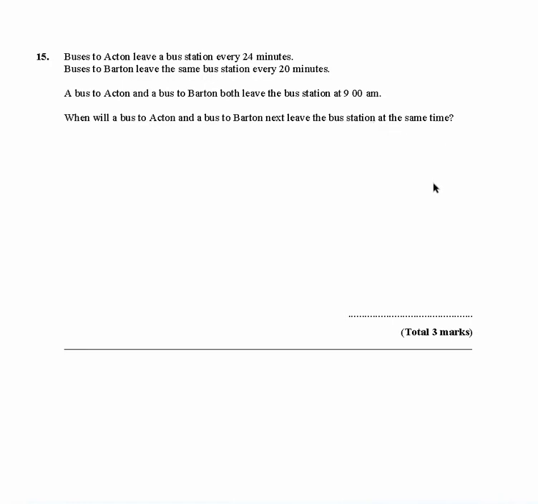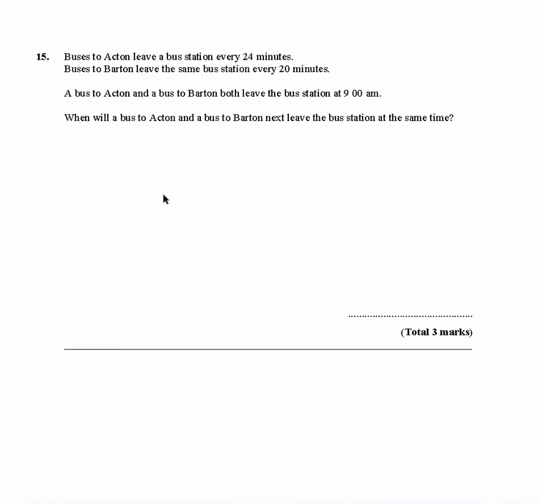Now, one way to do this would be to find the lowest common multiple of 24 and 20, and you could do prime factorizing, but probably the easiest way to do it is this. Okay, you've got buses to Acton leaving a bus station every 24 minutes. So buses to Acton are going to leave 24 minutes, 48 minutes, and another 24, 72 minutes, and so on.